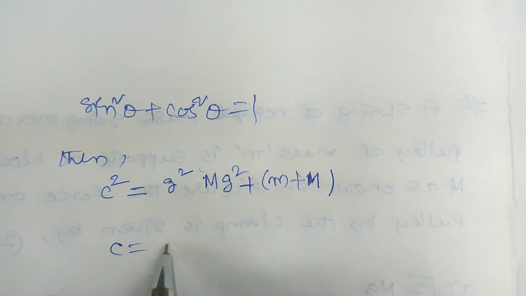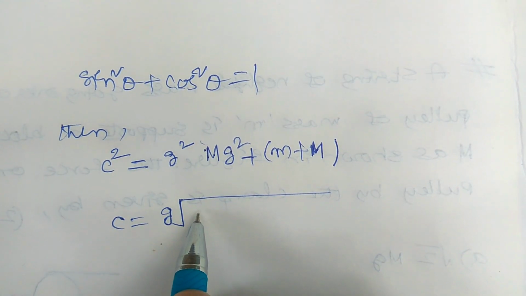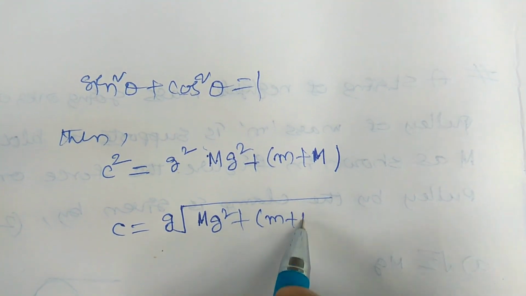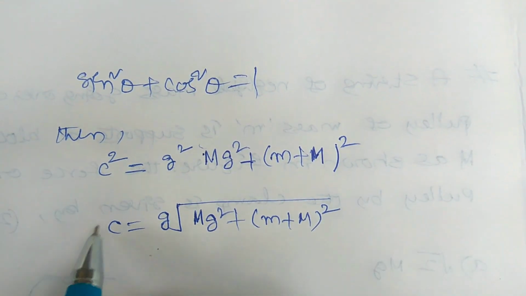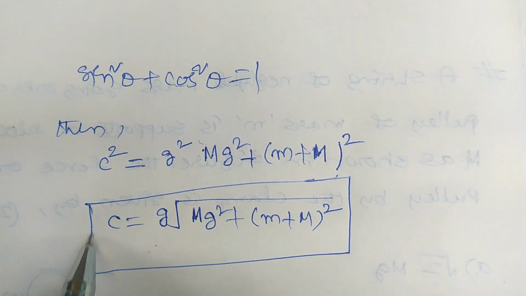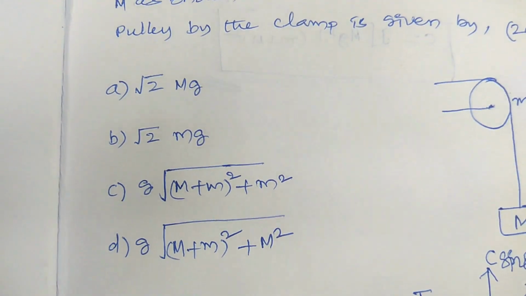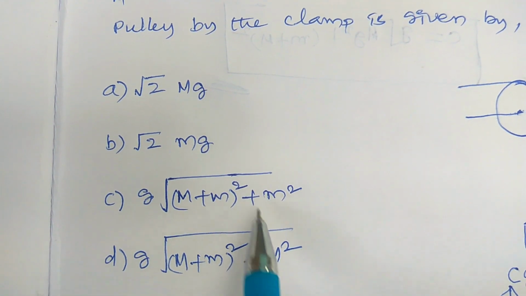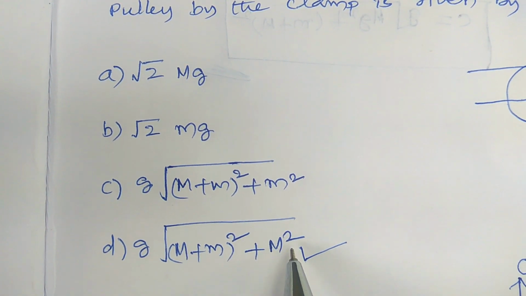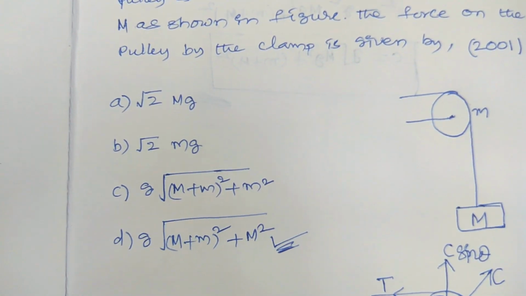So C is nothing but the under root, the square will be cancelled out by the root, that is g into under root of capital M square plus small m plus capital M whole square. So this is the force acting by the clamp on the pulley. Now we have to see our options. Here g into capital M square, g into capital M plus small m square plus capital M square. This is our answer which we have derived.